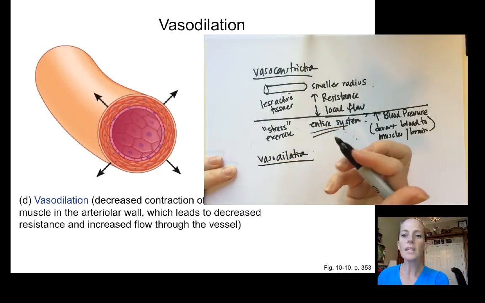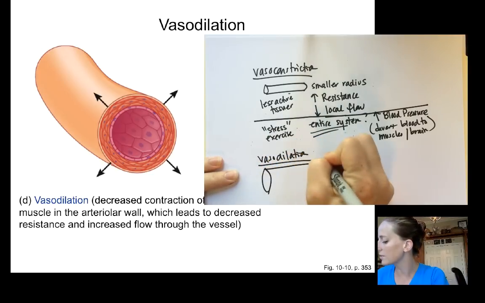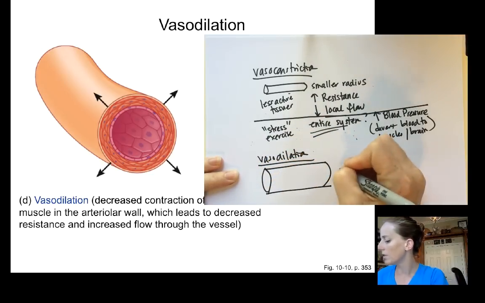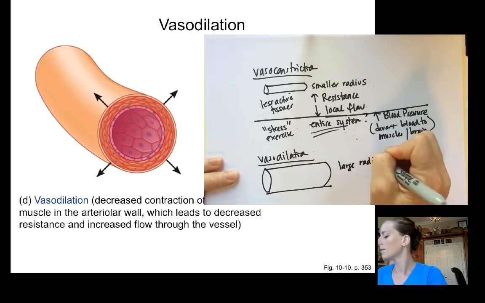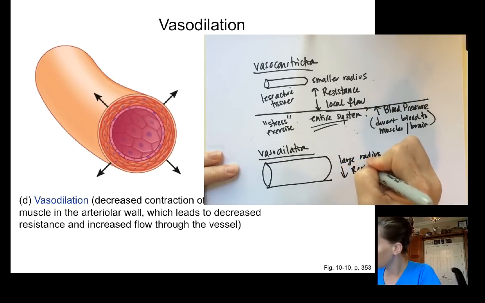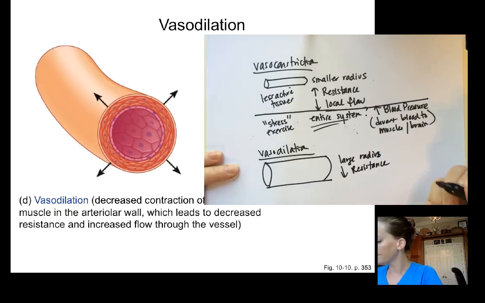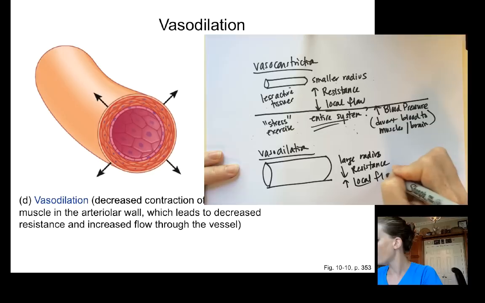Vasodilation is going to cause a large blood vessel radius. So these are large radius. This is going to decrease resistance, and that is going to increase local flow.